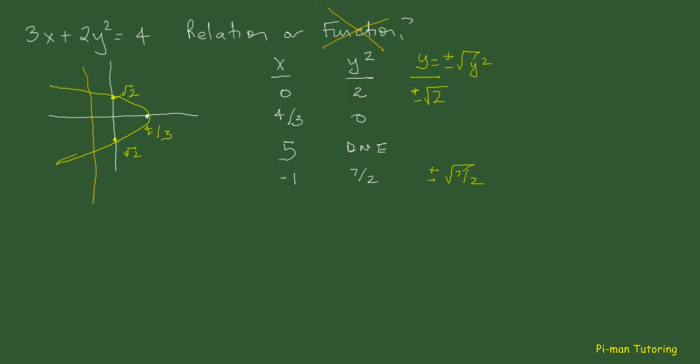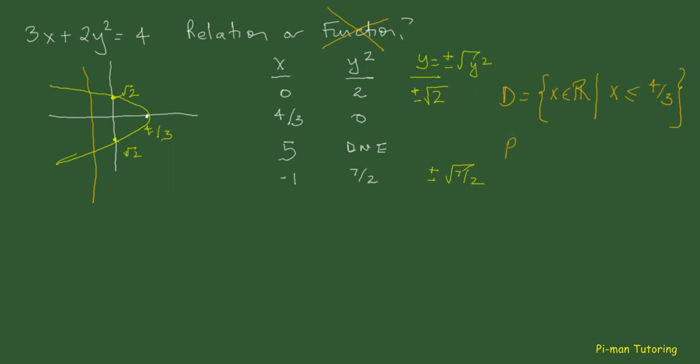What about the domain and the range? Well, let's write those over here. So the domain, what values of x are allowed? Well, x can be any real number such that x is less than or equal to 4 over 3, because we don't have any x values higher than that.